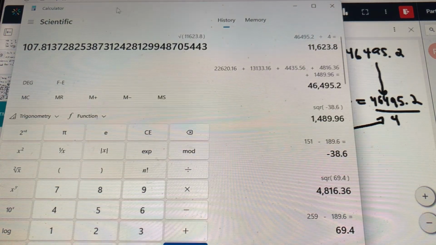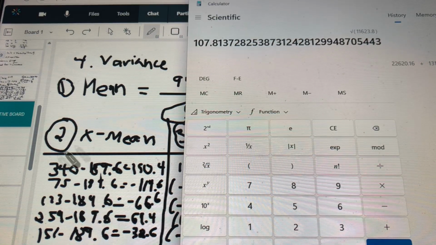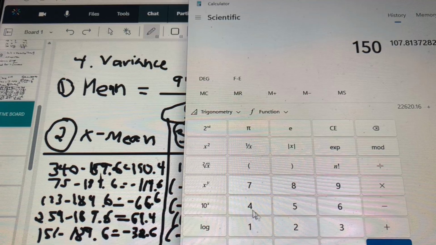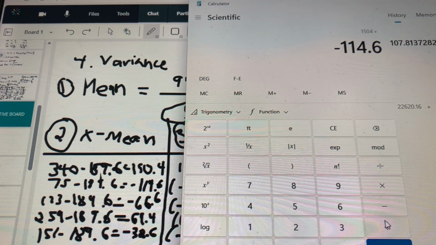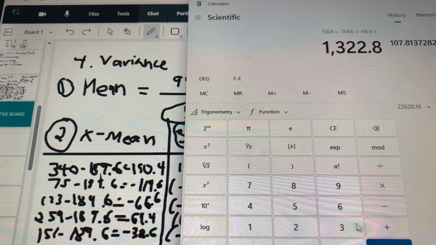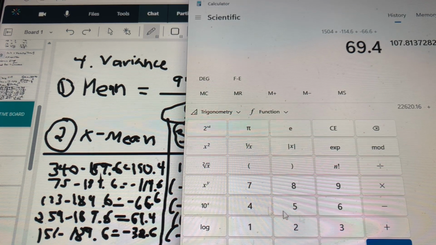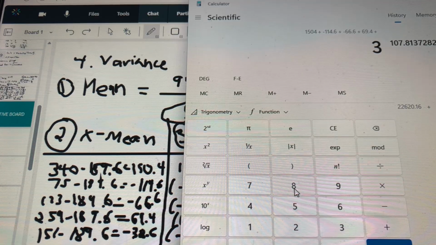If I add up the step 2 numbers, what happens? 150.4 plus negative 114.6 plus negative 66.6 plus 69.4 plus negative 38.6.